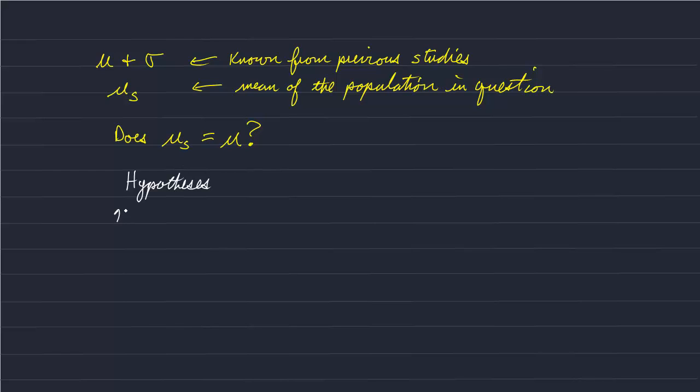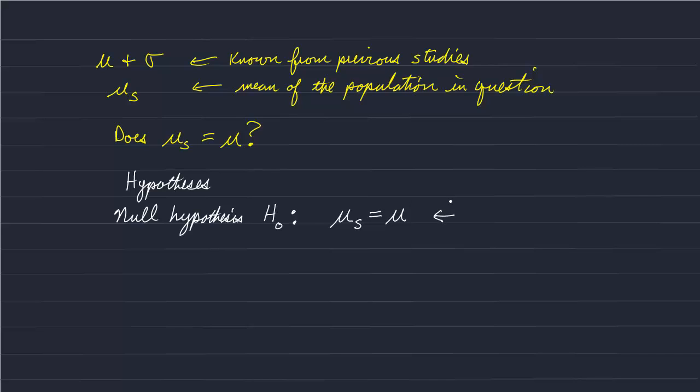And the first hypothesis we'll formulate is the null hypothesis. And we'll denote the null hypothesis as H sub 0. And in this case, the null hypothesis is that the mean of the population sampled is equal to the mean of the known population.